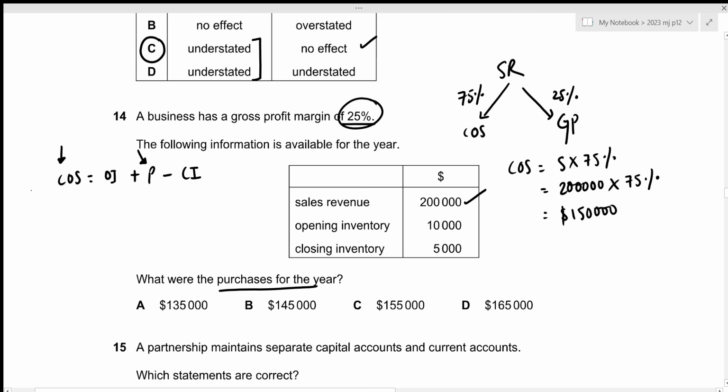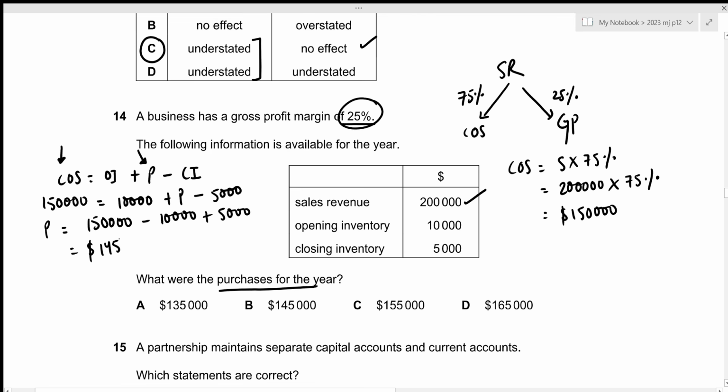Now you can just easily solve this equation. That's 150,000 equals our opening inventory is 10,000 plus purchases minus the closing inventory is 5,000. So the purchases is going to be 150,000 minus 10,000 plus 5,000, which results in the value of 145,000.